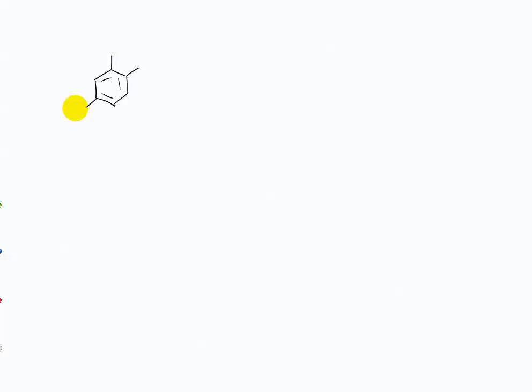So here's a tri-substituted benzene. How many peaks on an NMR, on hydrogen and carbon, would you expect this to show? Well, let's look at hydrogen first. First, let's look in the non-aromatic region, the non-aromatic hydrogens.